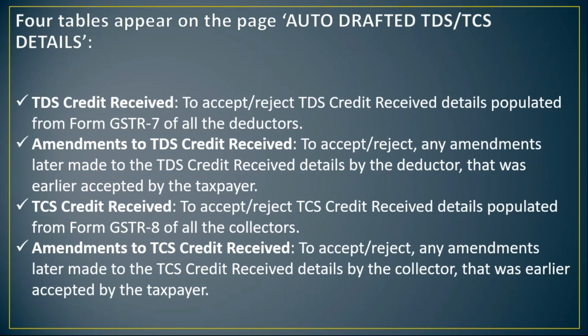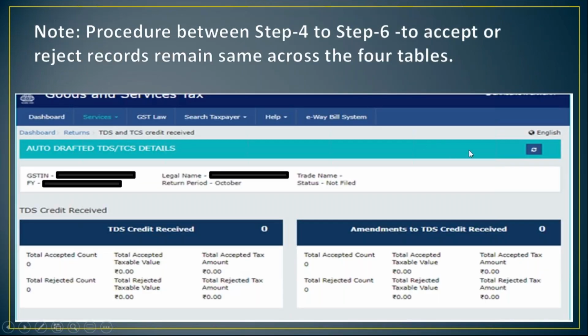And if you think a certain amendment is required, like maybe your TDS deducted was 600, but by mistake, while filing the return, the e-commerce operator has shown it as 6,000, you have the authority to amend it. So you can go and amend it. This is how it appears on the portal, TDS credit received.